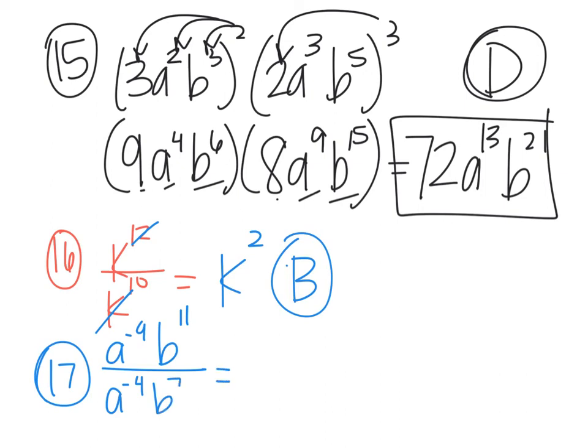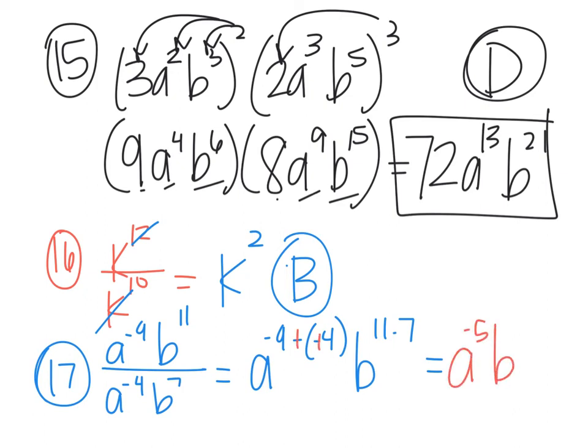Now this time I'm not going to try to cancel, I'm just going to subtract. So it's -9 minus -4, and then it's 11 minus 7. If you add the opposite and are very careful, you'll get a to the -5 and then b to the 4th. And this needs to go to the bottom, so it's really going to be b to the 4th over a to the 5th, which is C.